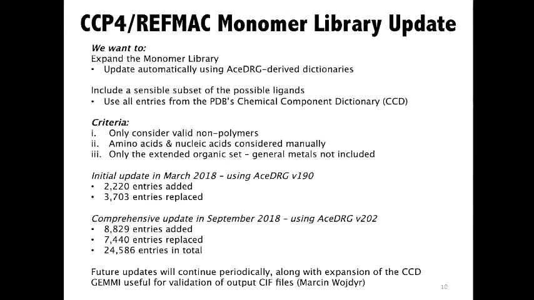Future updates will continue periodically along with the expansion of the CCD. I should give a shout out to Martin Vodá, who was useful generally for validation of output CIF files from AceDRG for this purpose.